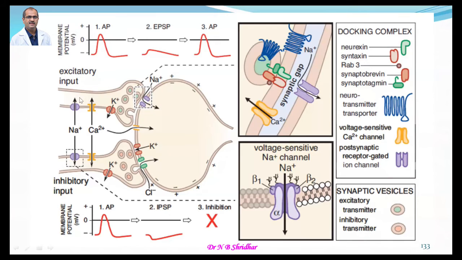Whenever the action potential arrives, there will be inward movement of sodium through the sodium channels present in the axolemma. Because of this inward movement of sodium, intracellular positivity increases, which activates the calcium channels. Once again, the calcium channels are also going to open.